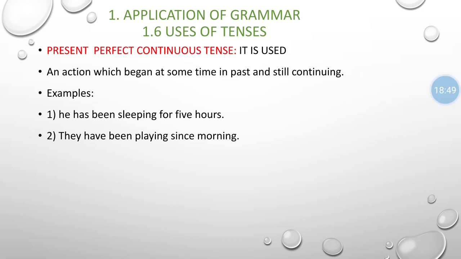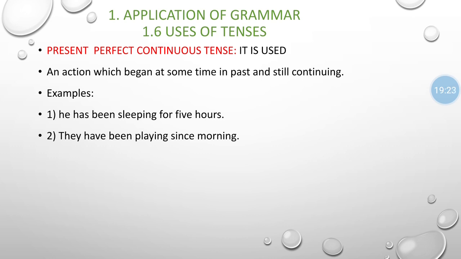Last, the present perfect continuous tense. This tense indicates an action that is partly completed and partly incomplete, meaning some of the action is totally completed and the remaining action continues progressing toward the present, and toward the future also. An action which began at some time in the past and still continues toward the present.